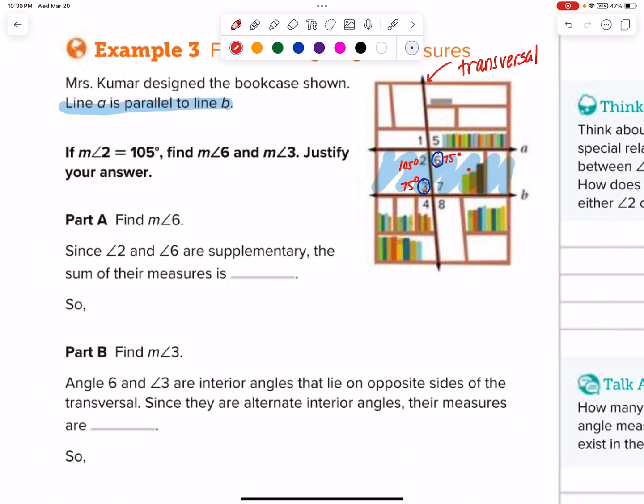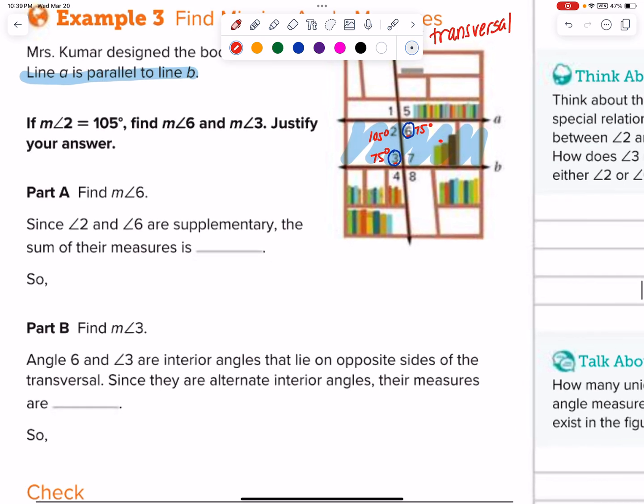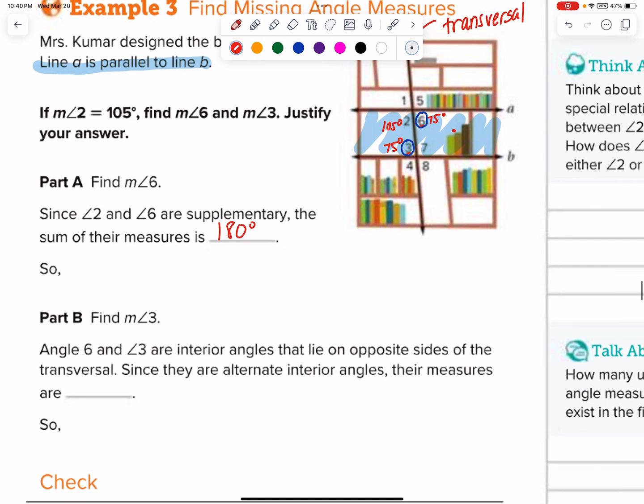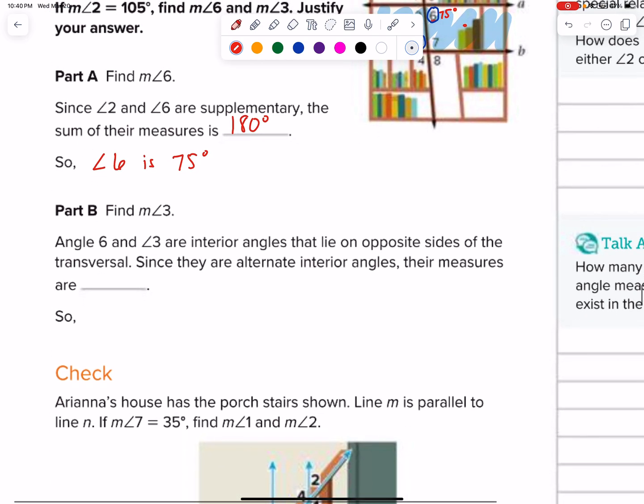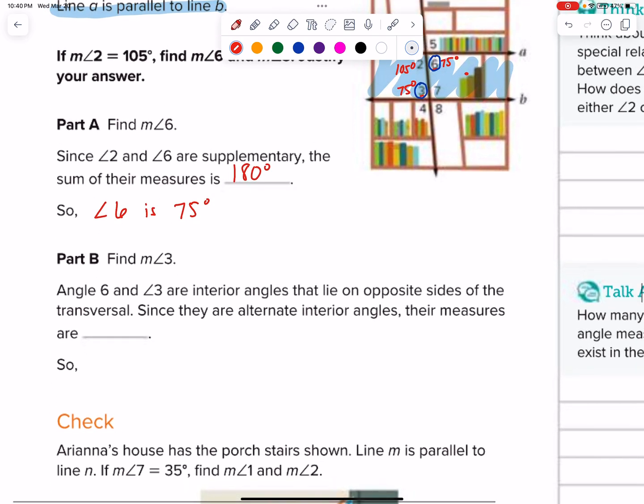Okay, so part A, since angle 2 and 6 are supplementary, the sum of their measure is 180 degrees. Okay, so we can say angle 6 is 75 degrees. Okay. All right, let's find the measurement of angle 3, we already did that. It says they're interior and they're on the opposite sides of the transversal.